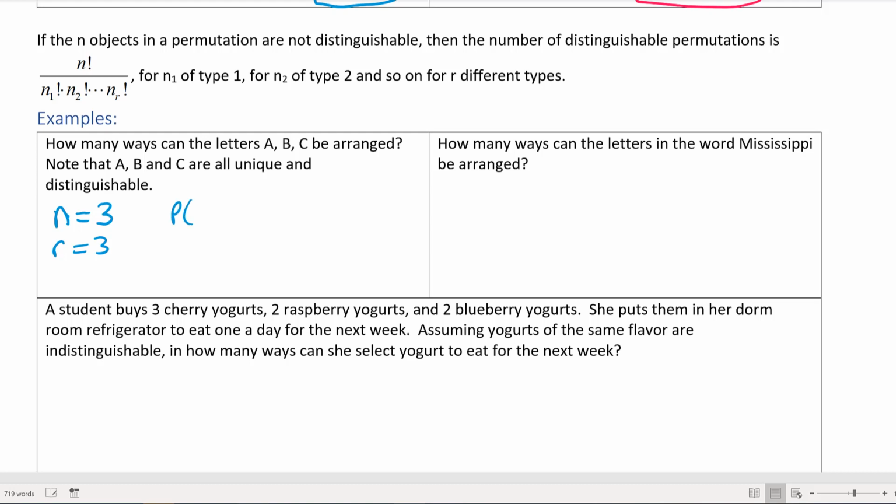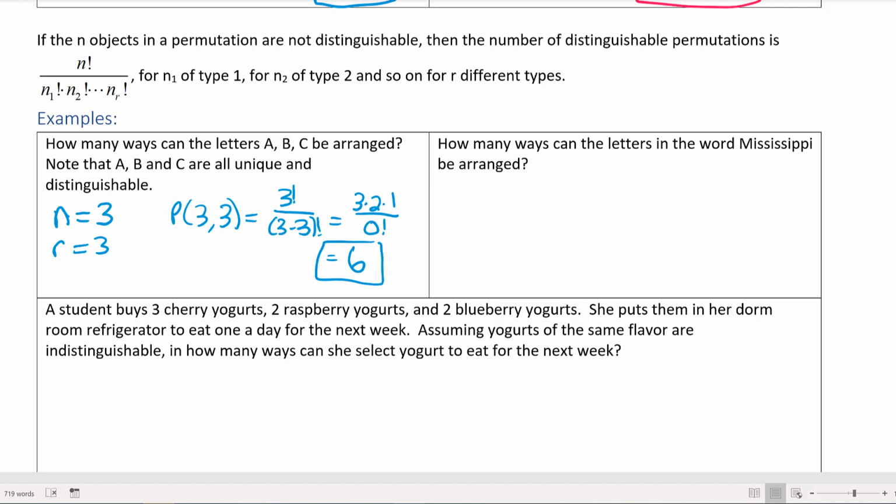So I'm looking for a permutation of 3 choose 3, which is 3 factorial over 3 minus 3 factorial, which is 3 times 2 times 1 over 0 factorial. Remember, 0 factorial is just 1. So that gives us 3 times 2 is 6 times 1 is 6, divided by 1 is still 6. So we have 6 different ways that we can arrange the letters A, B, and C, because they are all unique.